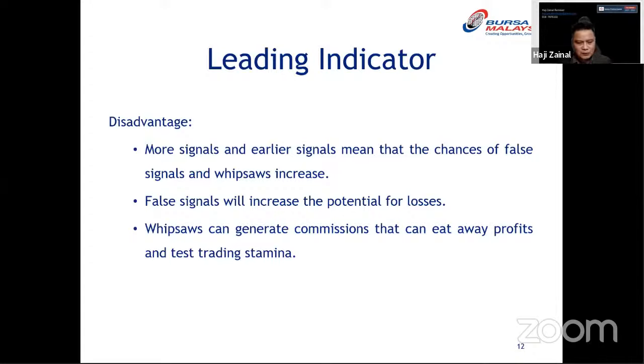Second, false signals will increase the potential for losses. And third, whipsaws can generate commissions that eat away profit and test trading stamina. This happens only when the market is non-trending or sideways, so the leading indicator will always give you a lot of false signals.